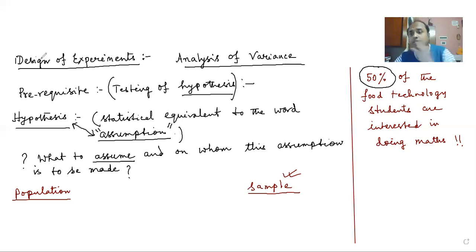So it is in no way true that if I write that 100% of the food technology students are interested in doing maths. To be on the safe side, I'm writing 50% of the food technology students. If 50% of the students are interested, then the percentage of students who are not interested is also 50%.